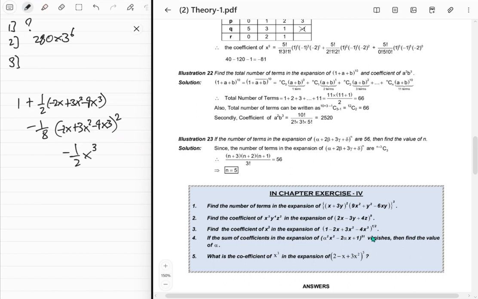From here, what x cube term do you get? You will have this times that or something, right? Wait, okay, you cannot have this directly. You have to choose something else from the other bracket, otherwise this would make no sense.